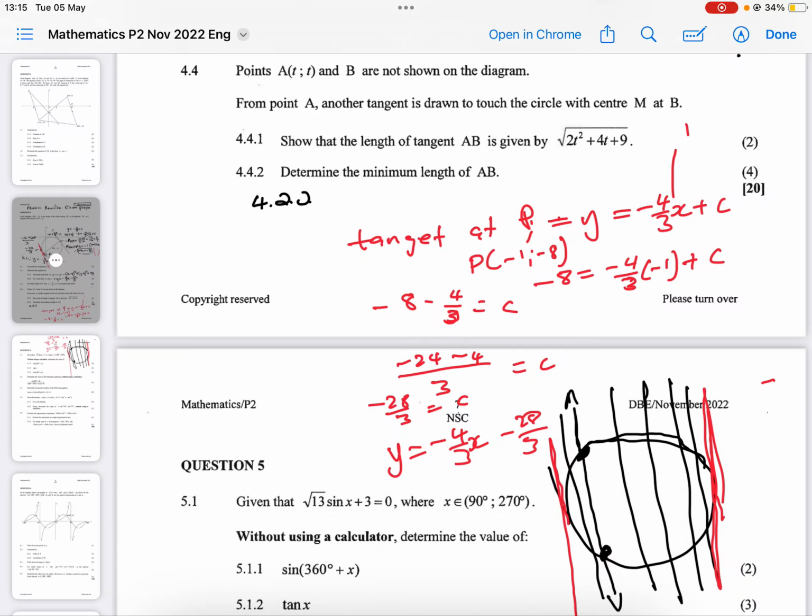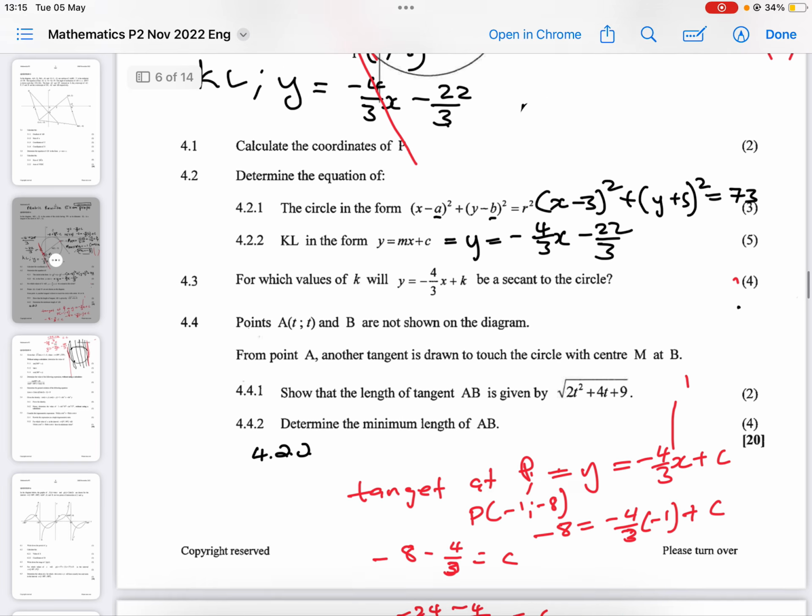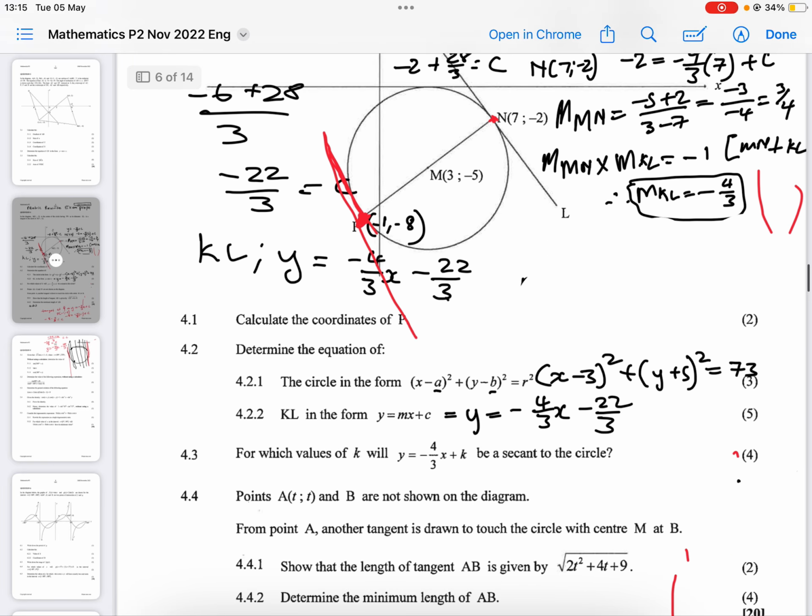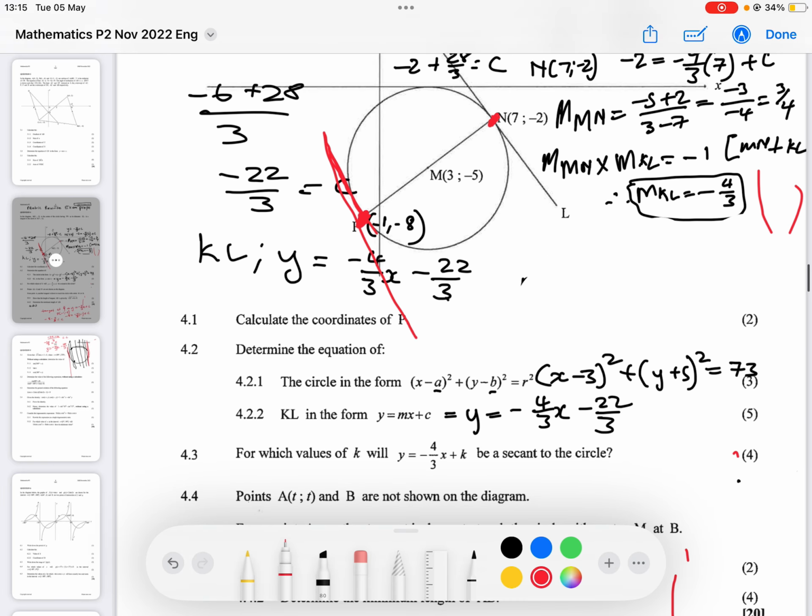Then I said a secant will be in between the two tangents. So this is the equation of a secant. They are looking for the y-intercept.